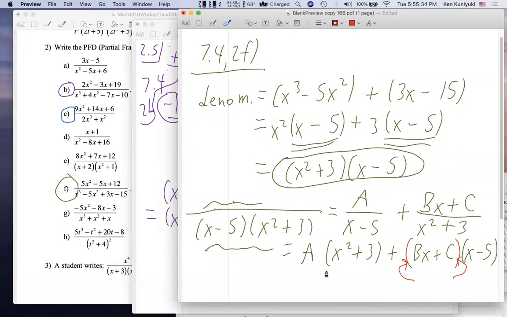Now in terms of strategy, what's a great value of x to plug in? 5, right? Some people might choose a couple more values. Personally, once I plug in x equals 5 and figure out A, I'd plug that value in, and then I might go to the algebra method where I use matching coefficients, where I distribute, see what happens, and actually do more with my algebra. Because 5 is the only value for x that's super great.